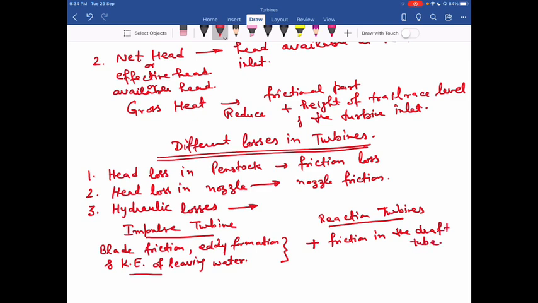So in reaction turbine, we have one more component that is called draft tube. Now this draft tube connects the outlet of the turbine to the tail race. Again, this is one type of a pipe of enlarging cross section. So the friction in that contributes as the hydraulic loss in reaction turbine. So draft tubes are present only in reaction turbines.